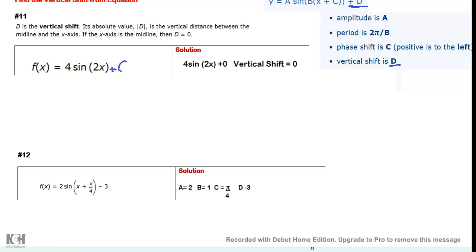So you can add a 0 safely and it doesn't change anything. So the vertical shift on that equation is actually 0. Then if we're looking at this next problem down here, D is negative 3. So the vertical shift is going to be negative 3. That was not too bad.